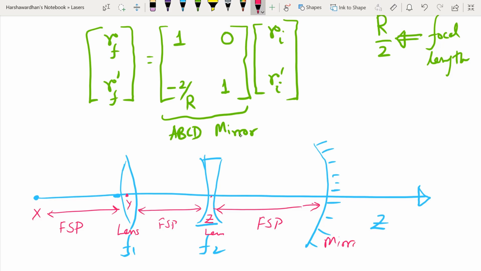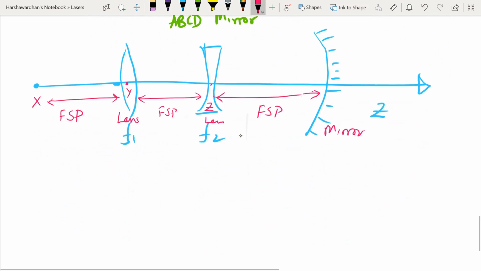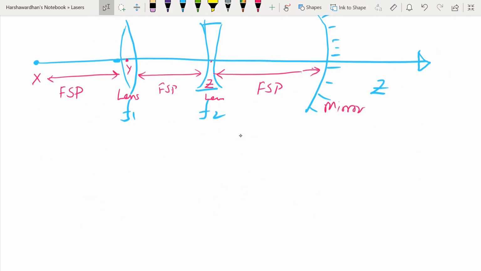So you see all of these quantities will simply involve my initial ray, this is my R initial, R initial prime, the ray at which it is coming in.